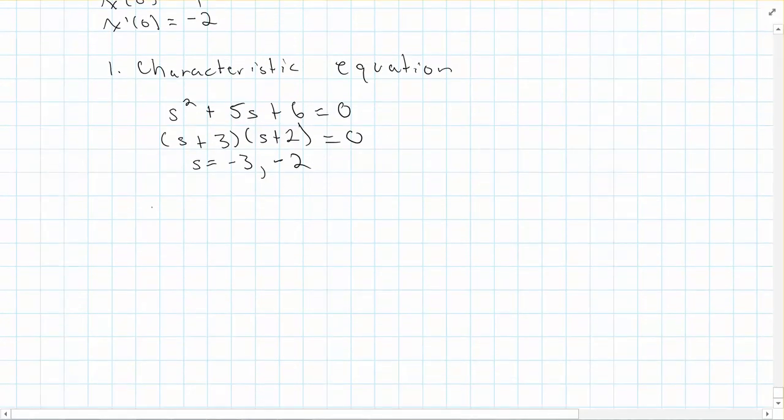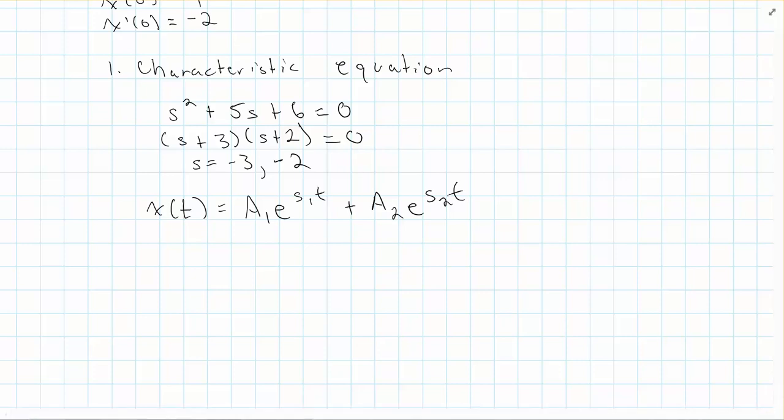So my solution, x at t, because that's the variable we're looking for here, x at t is going to equal a1 e to the s1t plus a2 e to the s2t. Now it doesn't matter which one you make s1 or s2, it will just flip whatever the constants are as far as a1 and a2 is. So it doesn't really matter what you make s1 and s2, so we don't have to worry about that. So I'm just going to plug them in the order I have them written here.